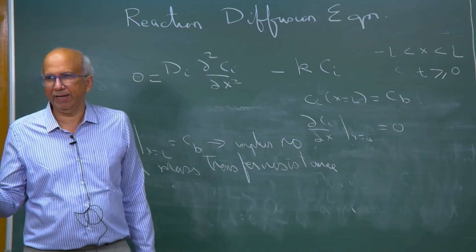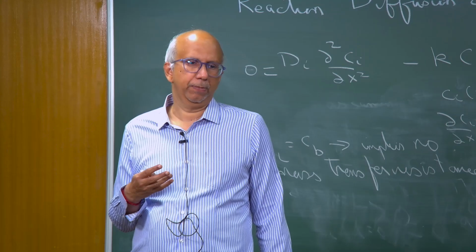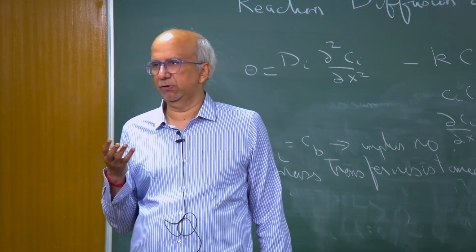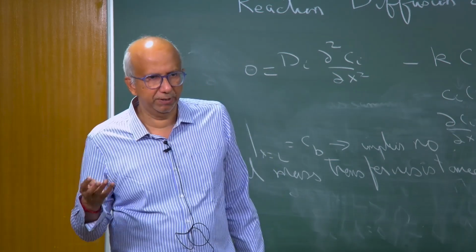So this will be the case where the flow is very fast, okay. Then there is no resistance. Like you have used correlations in the past for Nusselt number in terms of Reynolds number and Prandtl number, for Sherwood number in terms of Reynolds number and Schmidt number.